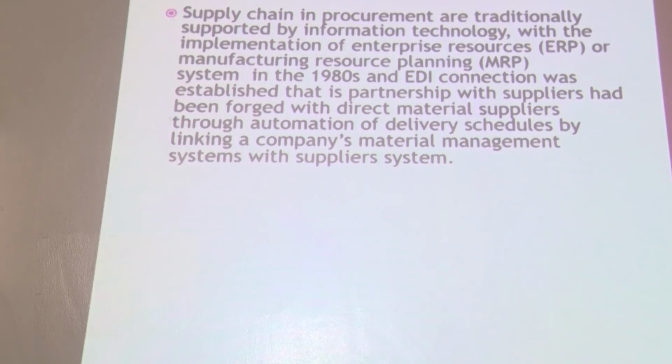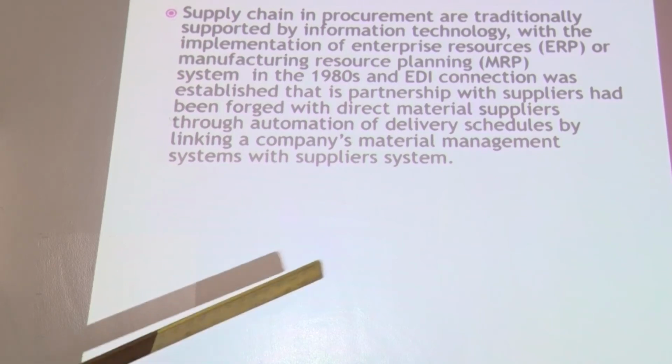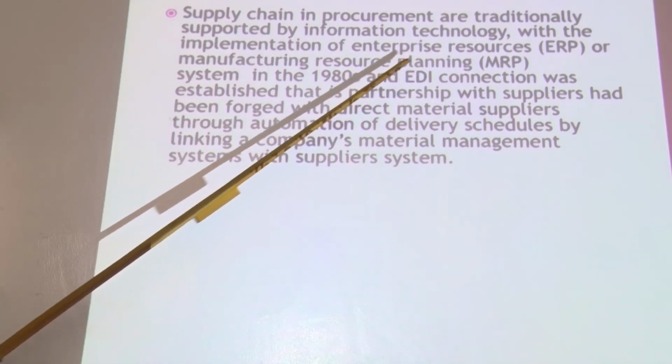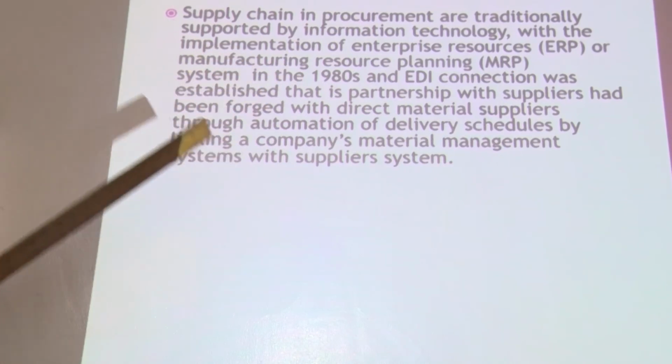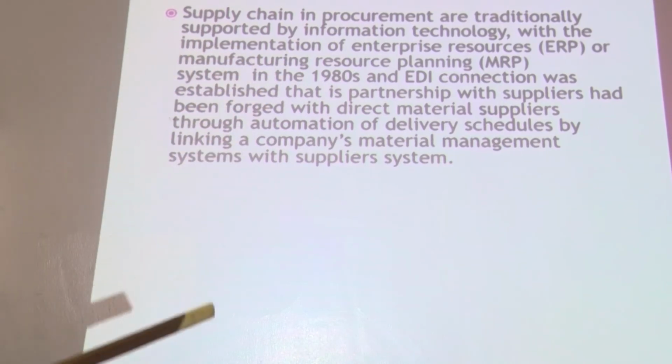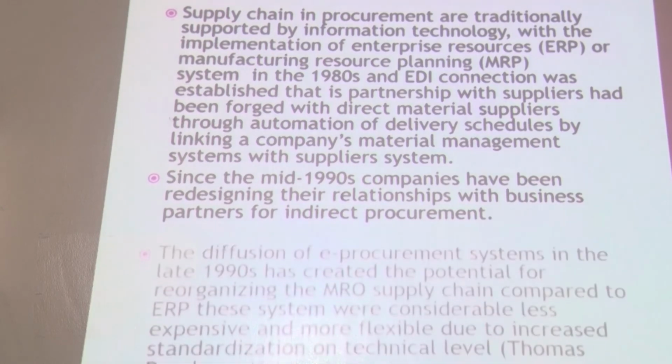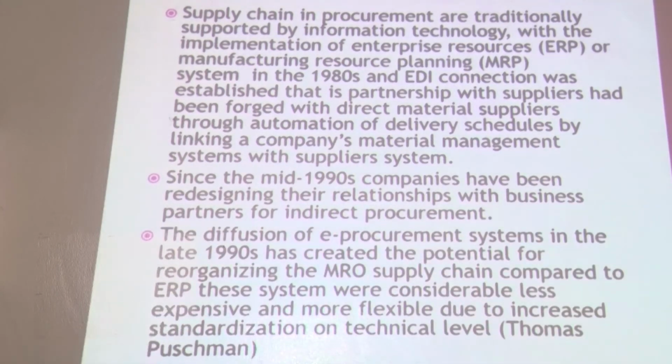So supply chain in procurement are traditionally supported by ICT, and we have other softwares like the ERP, which is the enterprise resource planning, and we have also the manufacturing resource planning that is common in the manufacturing sector. This system has evolved over the years, and currently we have issues to do with e-procurement and other softwares that allow organizations to work effectively.